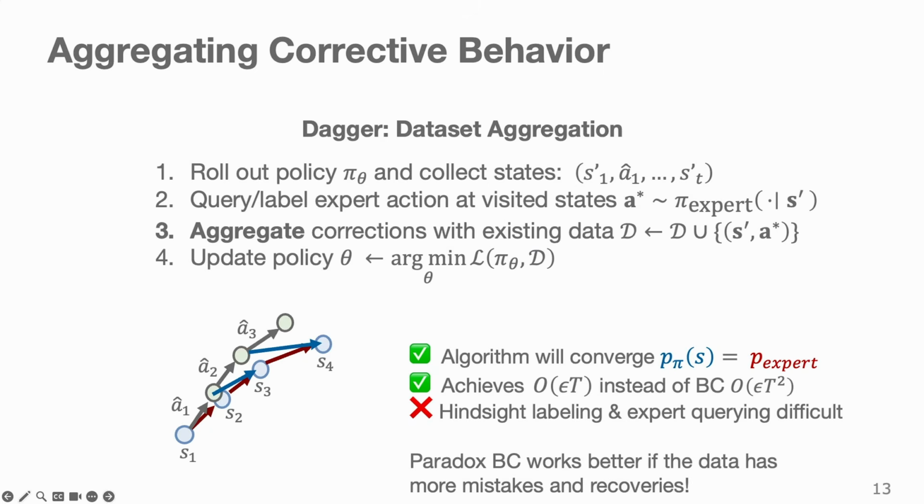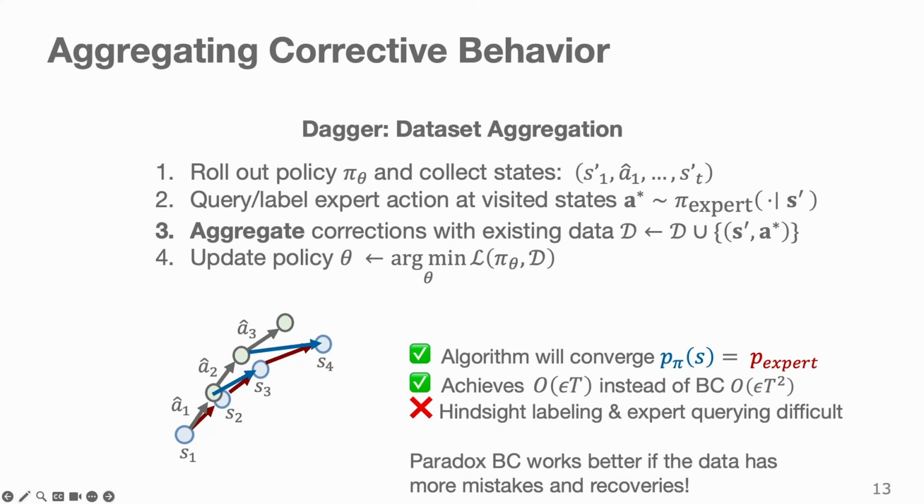So the core idea is to make the expert and policy distribution converge by doing online rollouts during training. The idea is pretty simple. We first roll out the policy in the real world, see what states it visits, and then ask a human to label those states, or we ask experts what optimal action they would have taken in this state.